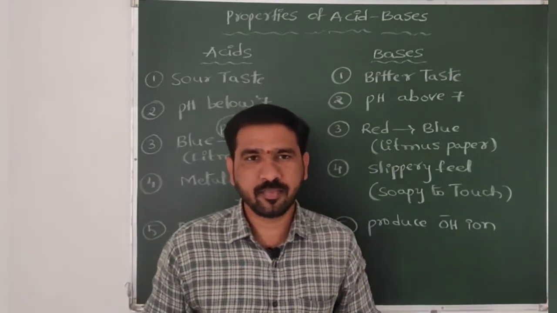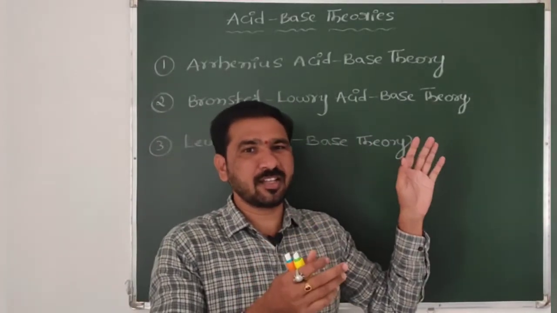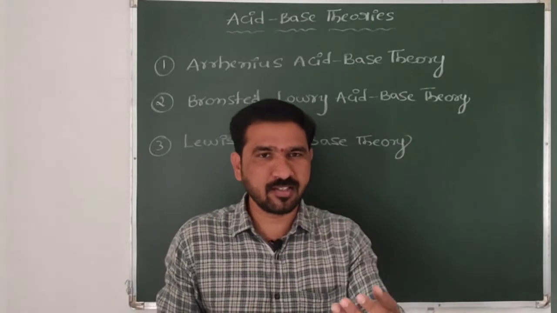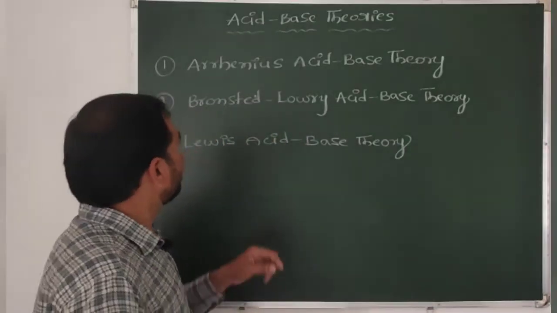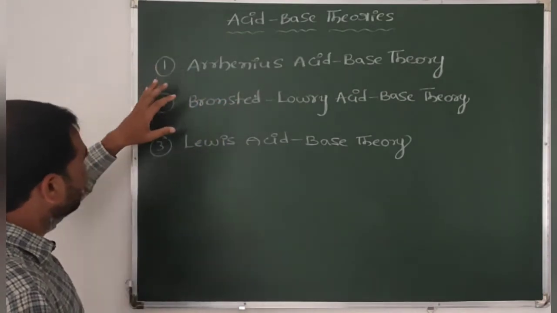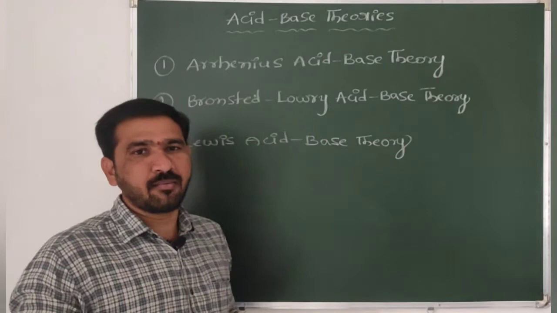Is it clear? Then some acid-base theories are there to explain the acidic character of acids and the basic character of bases. Let me discuss them. Actually, there are three main theories to explain acid and base characters.